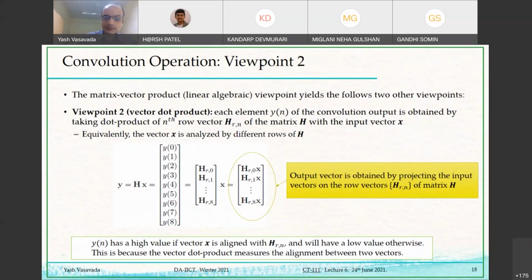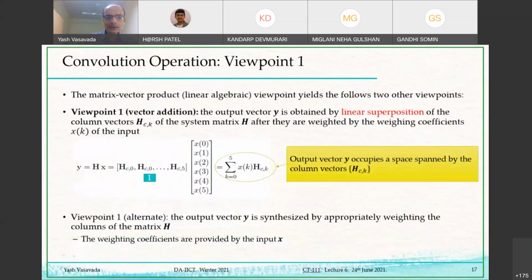And back over here, we were taking sample by sample viewpoint of the input, and we were getting the complete output in one shot. We are not having visibility into each sample of y. We are synthesizing the entire y together in one shot by adding columns of H.